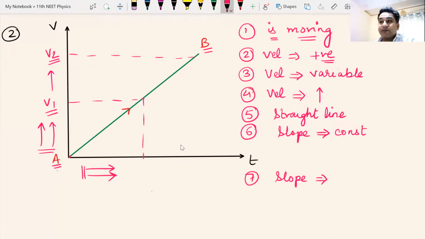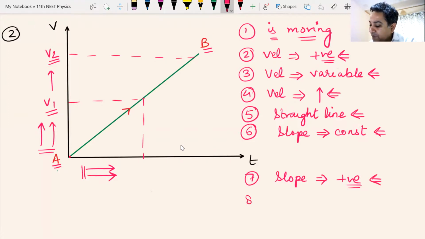So the slope is positive or negative? Yes, Niharika, correct. Slope is positive. Velocity is positive. Velocity is increasing. Velocity is variable. Graph is a straight line. Slope is constant. Slope is positive.